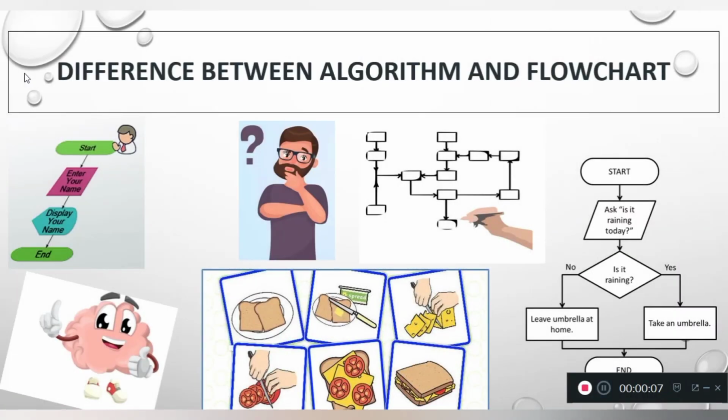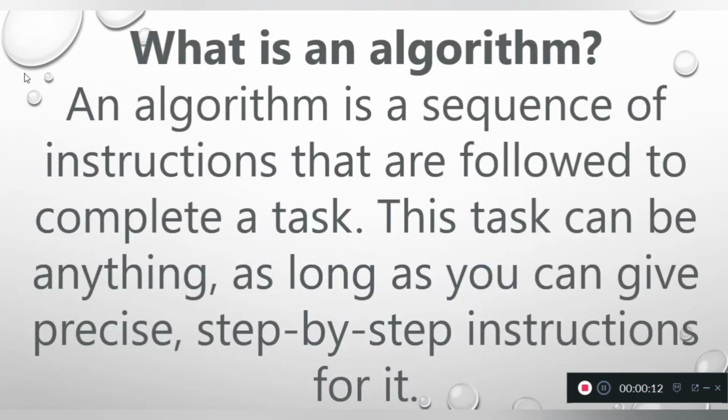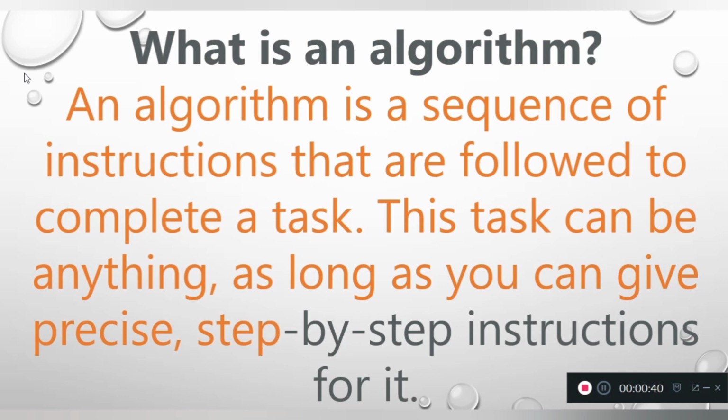Difference between algorithm and flowchart. What is an algorithm? An algorithm is a sequence of instructions that are followed to complete a task. This task can be anything, as long as you can give precise step-by-step instruction for it.